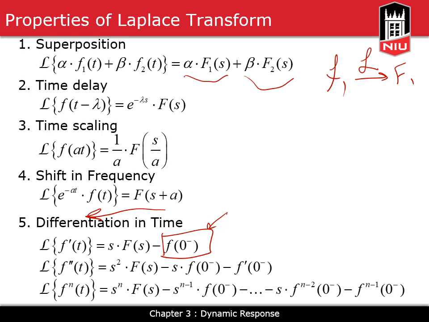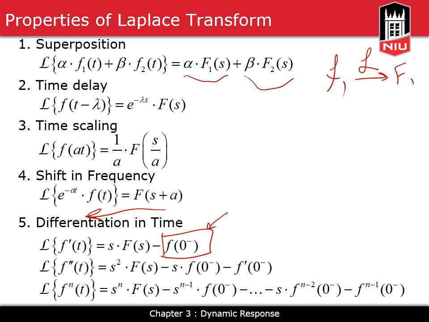We can extend this to the derivative of order n, and that would give you the last row equation here. The Laplace transform of the nth order derivative of f is s to the power of n times F(s) minus s to the n minus 1 times f at 0, minus all the other terms. The last two are s times the n minus 2 order derivative of f at time 0 or 0 minus, minus the n minus 1 order derivative of f at time 0.